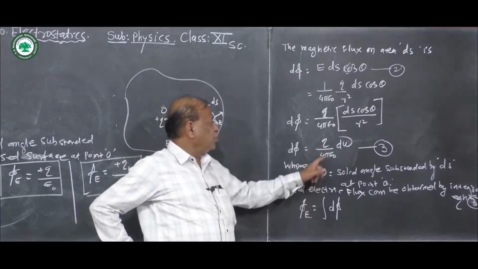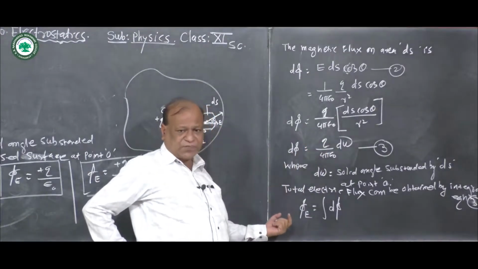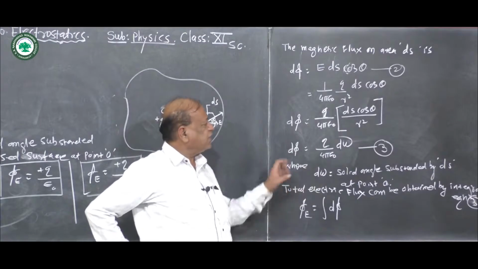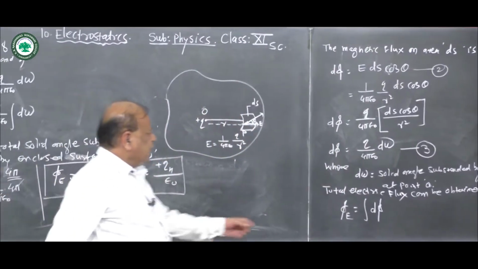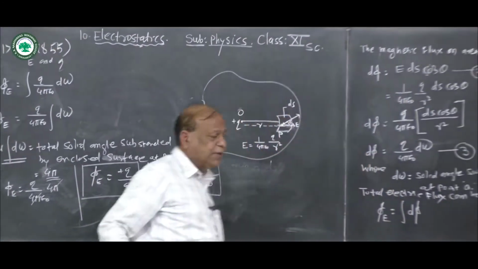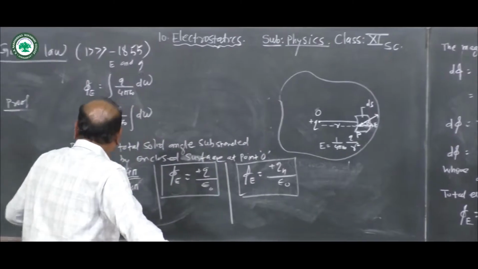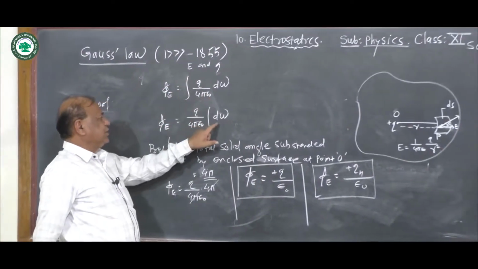And now we have to find the total electric flux, which can be obtained by integrating equation 3, and we get phi E is equal to the integration of d phi. Now integrating this value, we get the equation in this form.